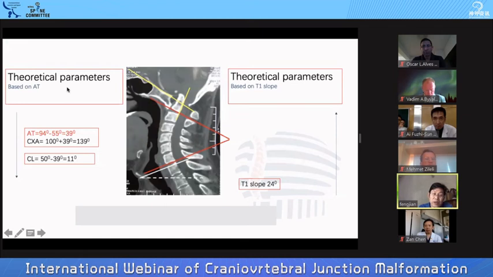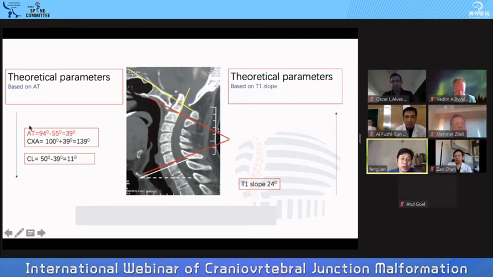Let's take this patient example too. Based on the measurement I mentioned before, we can correct the patient directly. We correct only the AT, the axial tilt, from 55 degrees to 94 degrees. That means we have to correct 39 degrees of axial tilt, and the final CXA should be 139 degrees. The cervical lordosis will be 11 degrees.